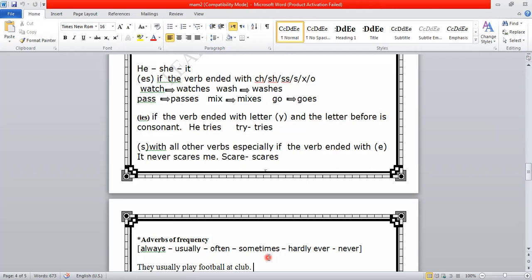Hardly ever, we use it when you rarely do this action. I hardly ever walk under the sun.